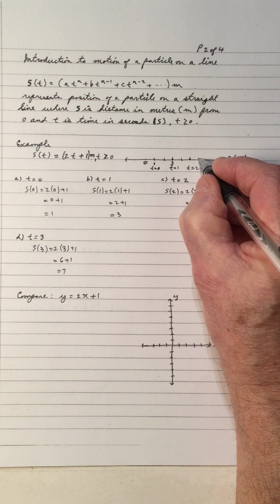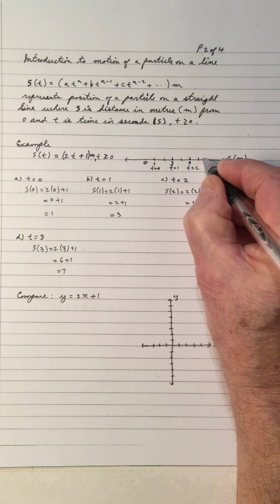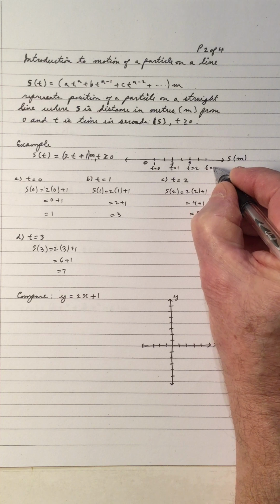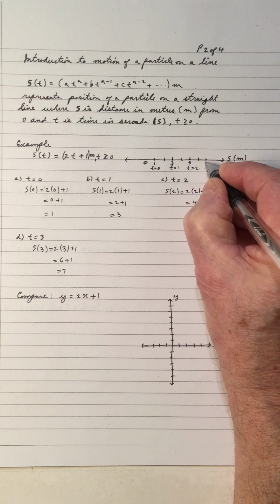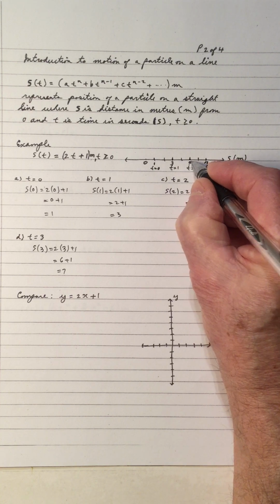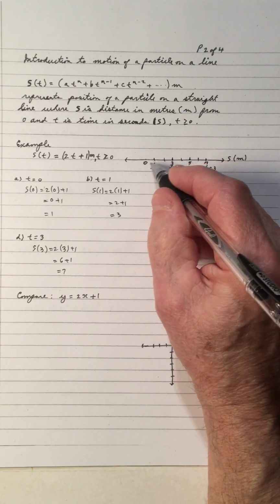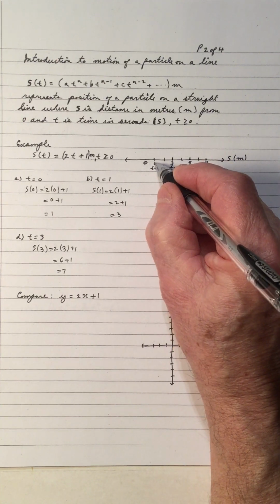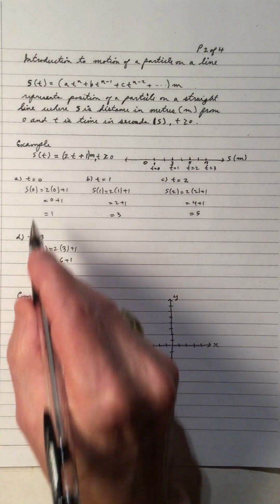So at 3 seconds, the object is at 7 meters from 0. And again, it starts at 1 when the time is 0.